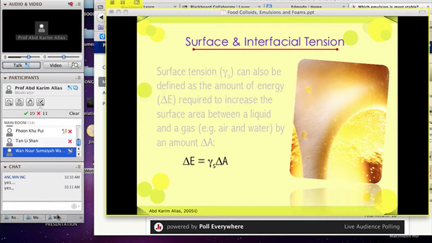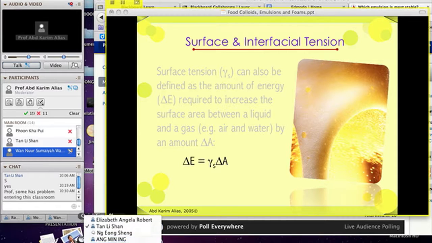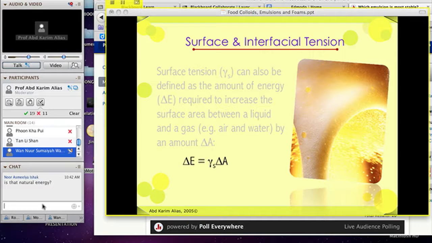What about others? So the question is, what form of energy to apply, and how do we apply the energy? Okay, Kapu, you don't know the answer. Lishan?